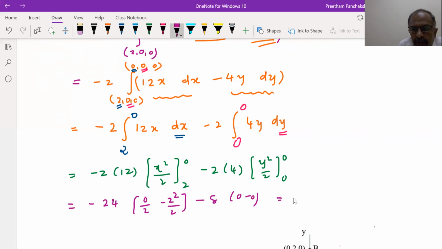If you continue here, minus 24, the first one is 0, the 2 cancels, we are left with minus 2, the second one is 0, so you are going to have 48 joules. This is the work done or energy expended in moving the given charge of 2 coulombs from the first point to the second point.